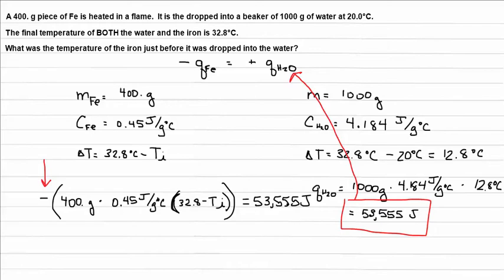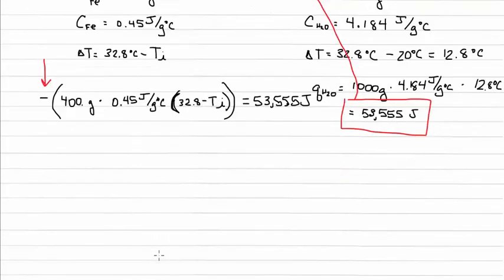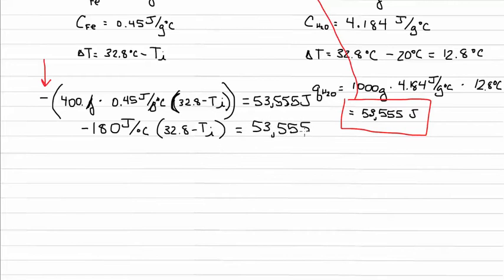Now it's order of operations and solving for this. I take 400 times 0.45, and I distribute the negative sign to that, so you get negative 180. Grams cancels with grams, so you're left with joules per degree Celsius times 32.8 minus T initial equals 53,555 joules.